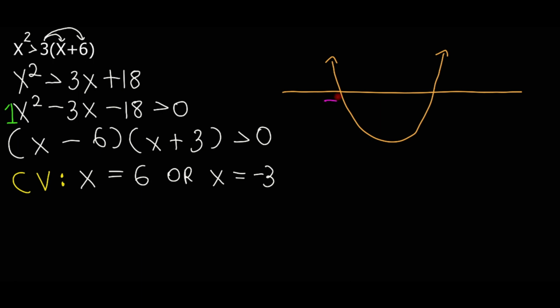So we have negative 3, and then we have positive 6. So when we look at our inequality, it tells us it is greater, so our graph must be above the x-axis. So you can notice that our graph is above the x-axis from this negative 3 going to the left, and then from positive 6 going to the right.